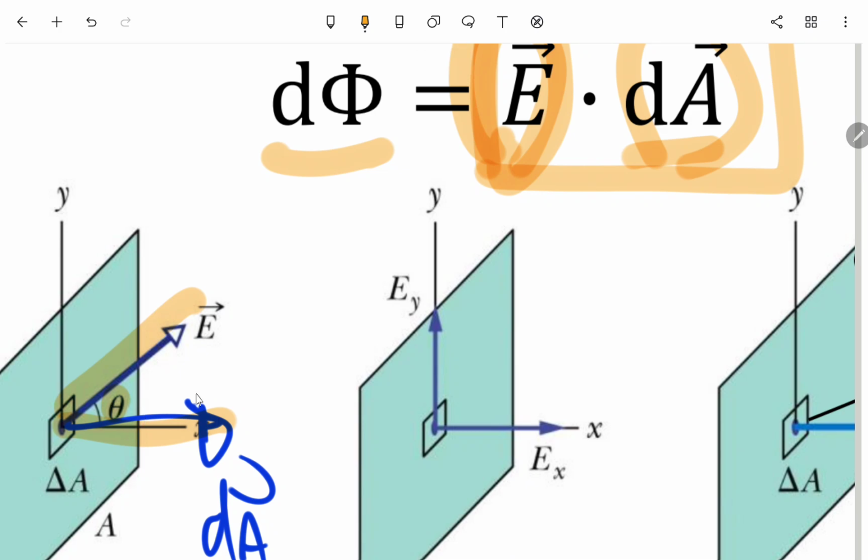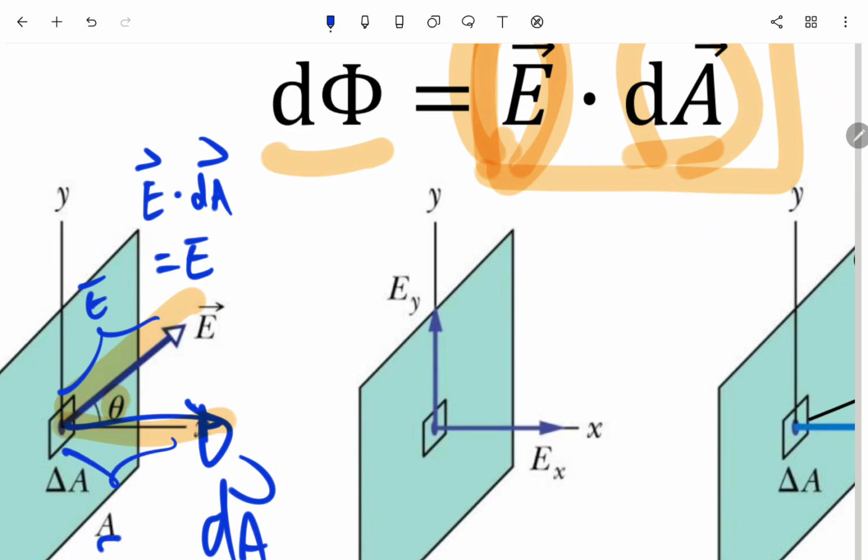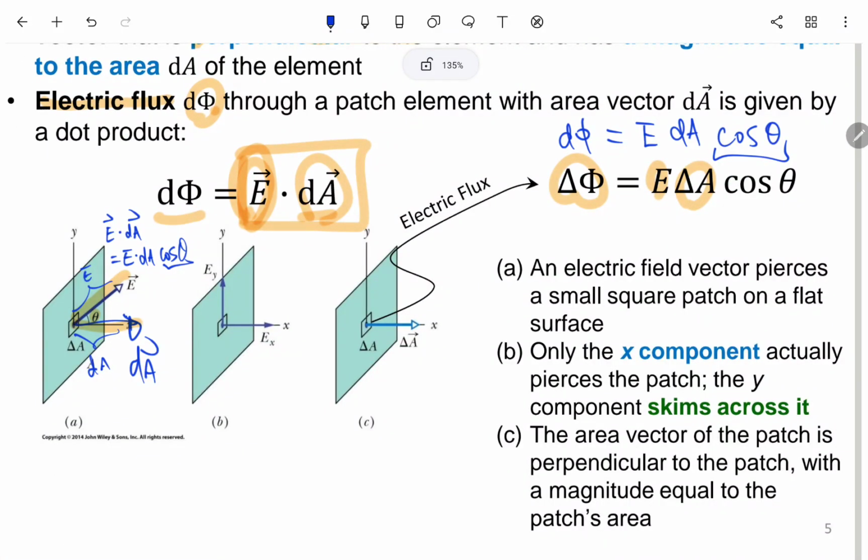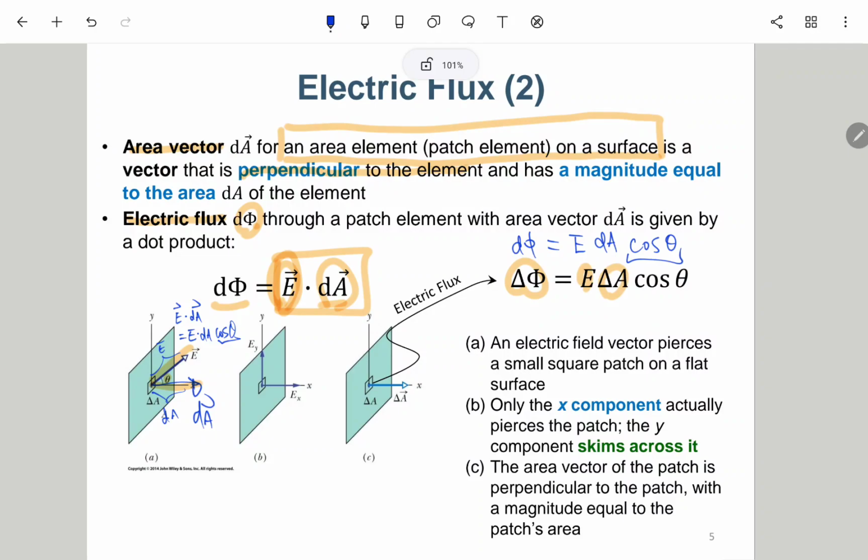So E dot dA is nothing but E, this is dA, times cosine of theta. You have to remember how to calculate the dot product, and I suppose you should have learned it in high school physics.